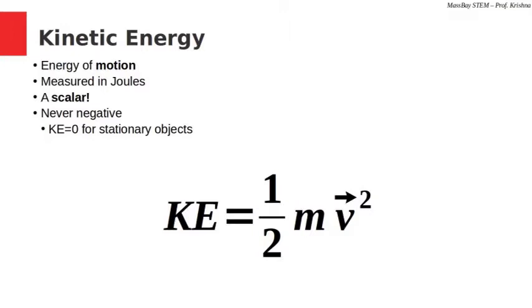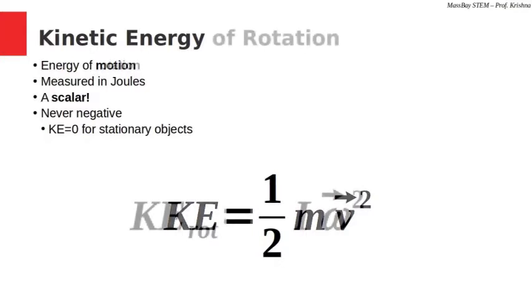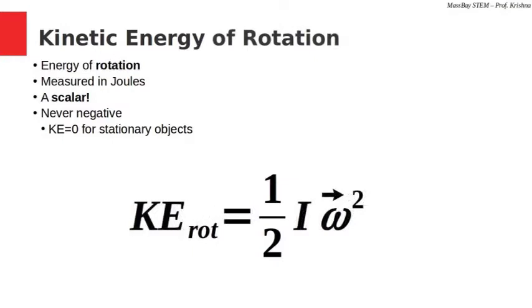The rotational form of kinetic energy is exactly parallel. It is symbolized as KE sub rot. The rotational version of mass is moment of inertia. The rotational version of velocity is angular velocity, the spin rate. So the kinetic energy of rotation equals 1/2 the moment of inertia times the angular velocity squared.